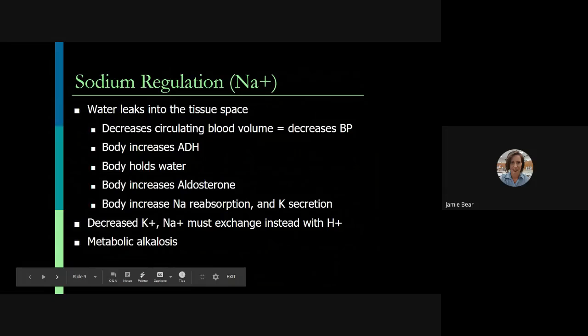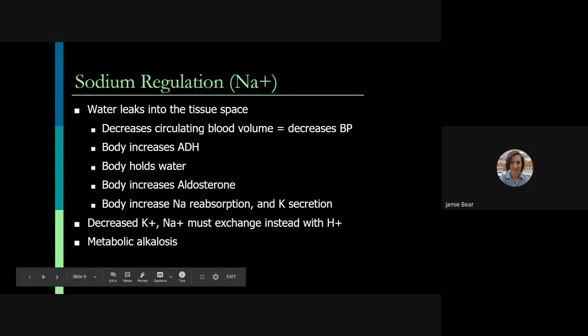Sodium regulation is what our kidneys also work on, and it really helps maintain the osmolarity in our fluid status. So when water leaks into the tissue space out of the intracellular space, it will decrease the overall circulating blood volume. Therefore, that will decrease your blood pressure.